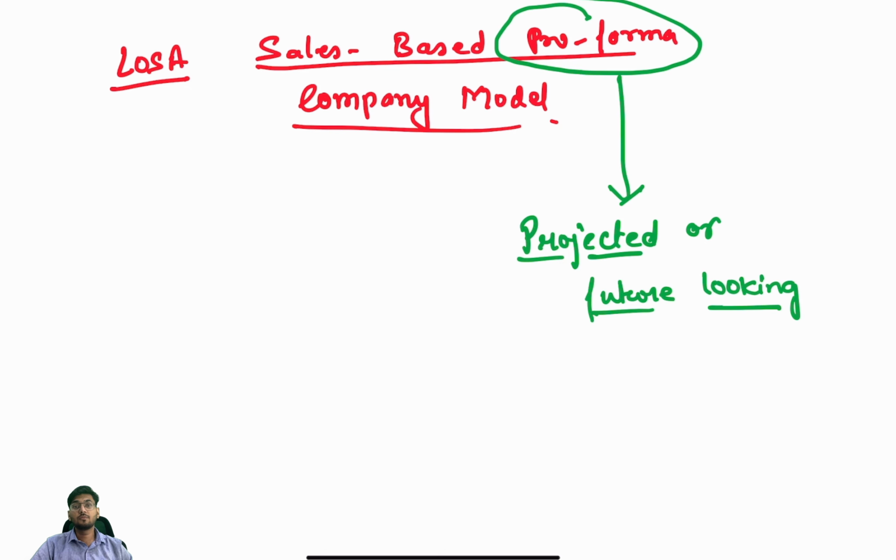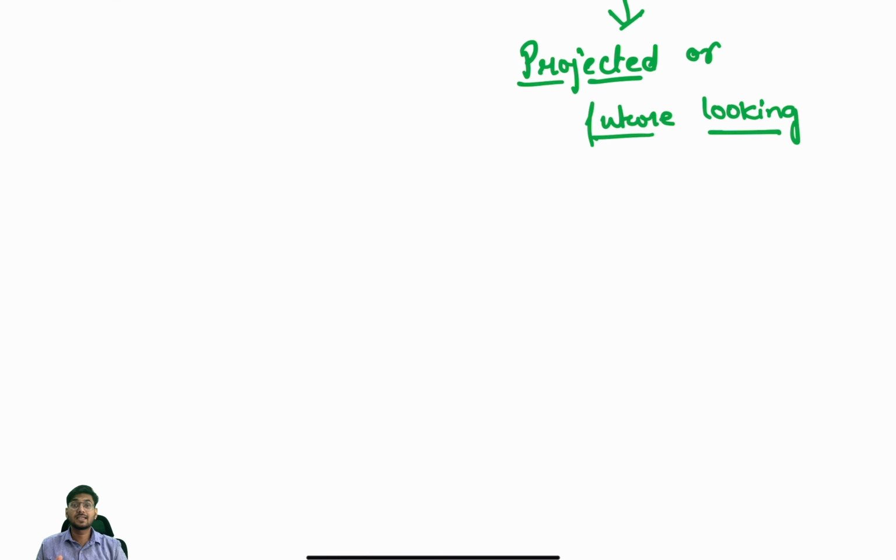Now we are over here going to forecast the future financials of a company, means how the financial statements of this particular company look, whether it is the income statement, the balance sheet, or the cash flow statement. Clear? So we will start with the sales, and then we will build the rest of the income statement, balance sheet, and cash flow statement. Clear?